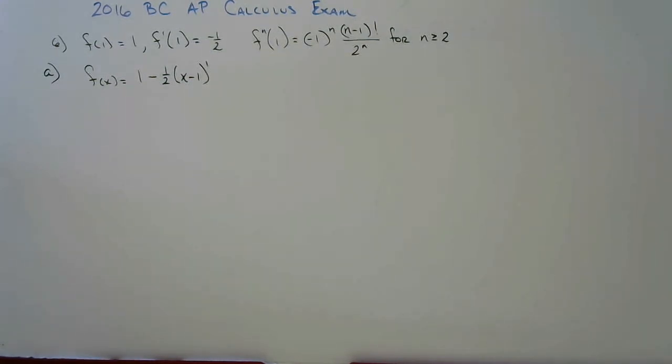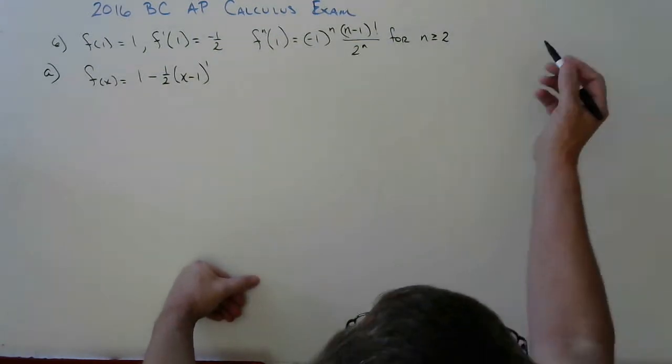So what do we do now? We're going to have to find our next term, so we need the second derivative at 1. We can do that off to the side.